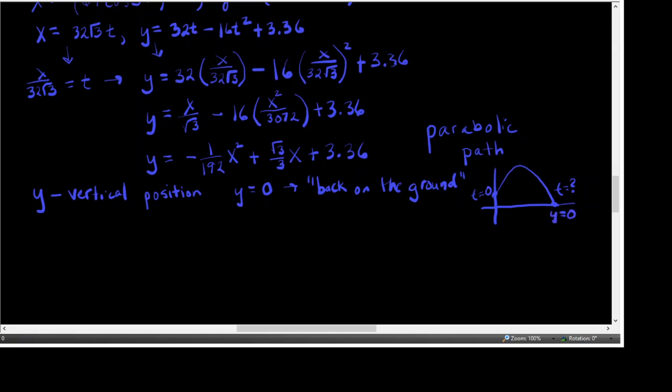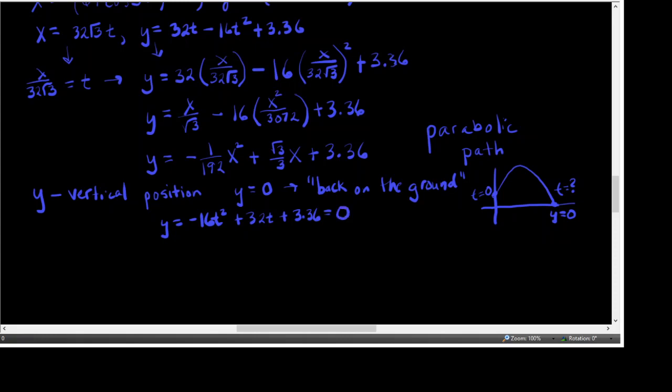That's what we're going to need to solve. So set our parametric y equation, which was y equals negative 16t squared plus 32t plus 3.36. Set that equal to 0 and solve for t.